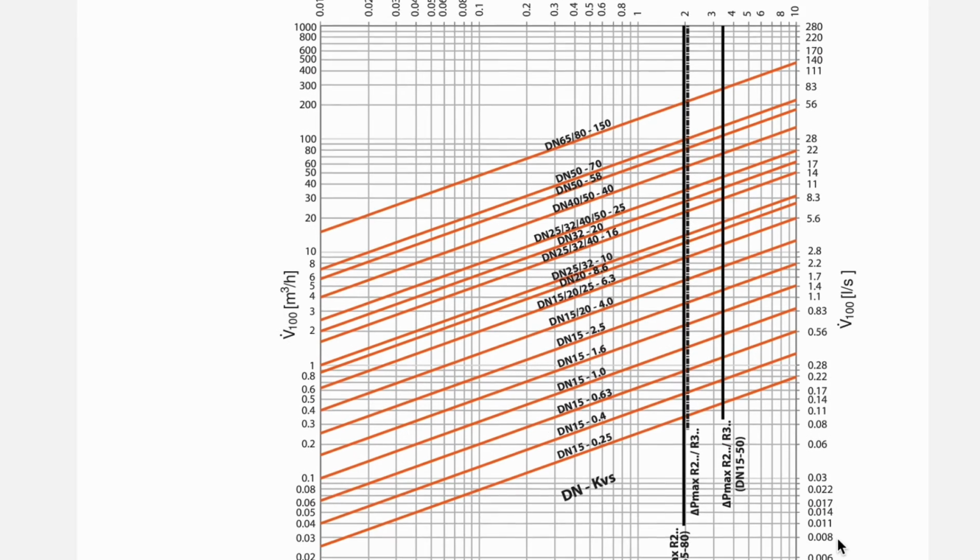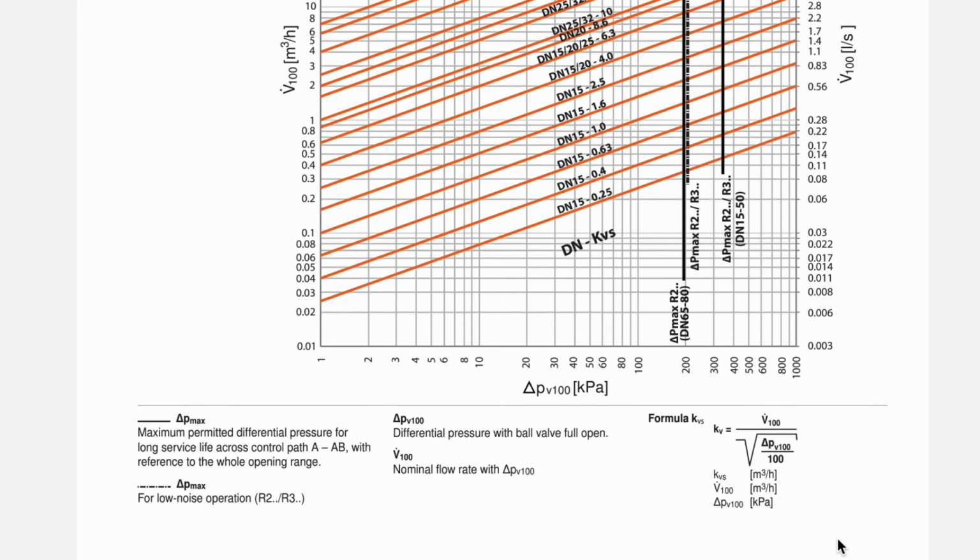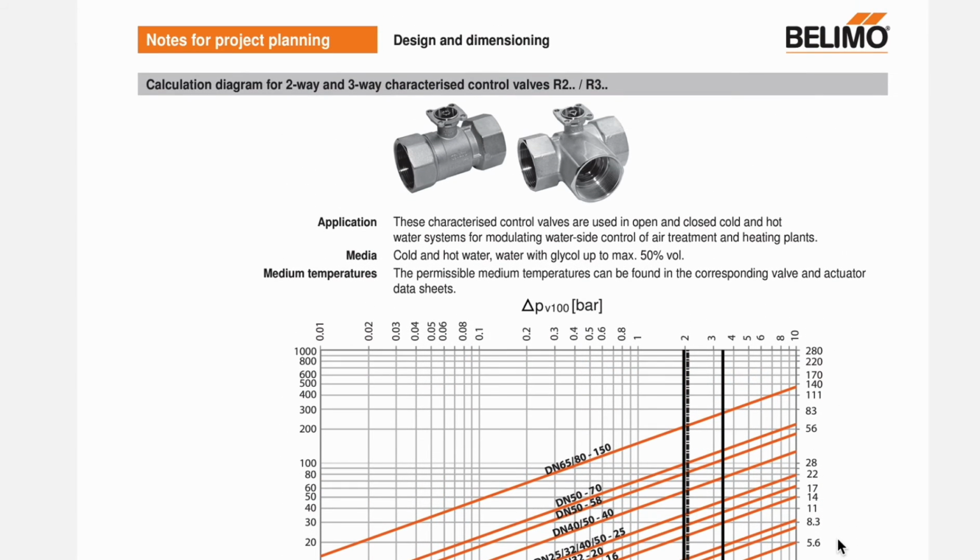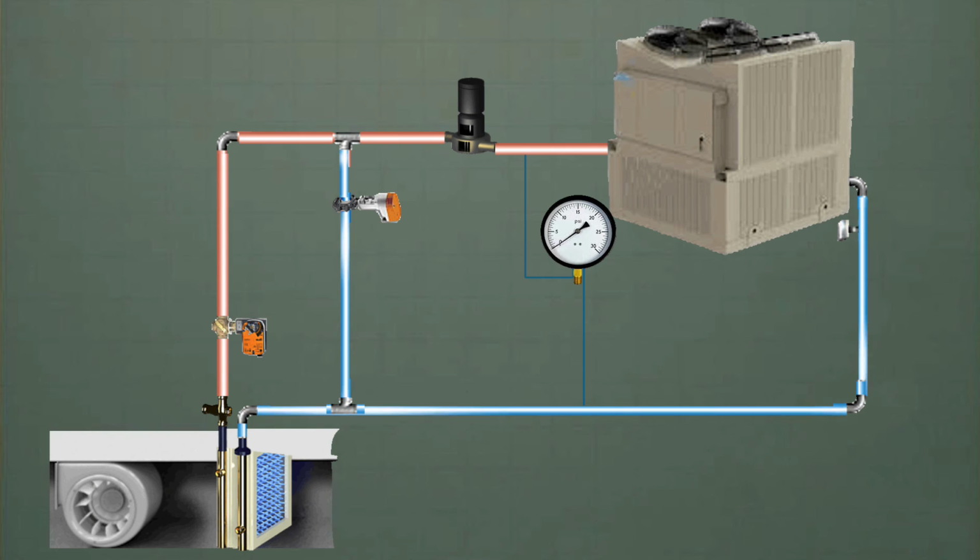So if you look in the Belimo literature, you can look up the CV rating for the valve, look at the pressure drop across the system, and determine what the flow rate is through the valve. I can't remember the exact flow rate, but I know it was way less than the flow that we actually need to keep the chiller online with all the pressure drop across the piping and other components in the system.